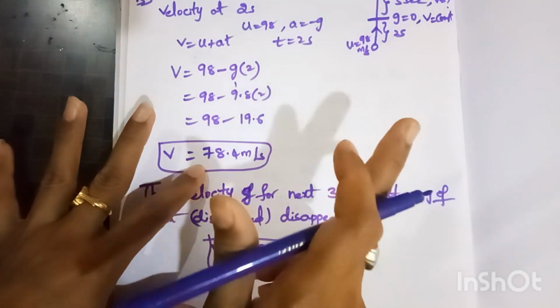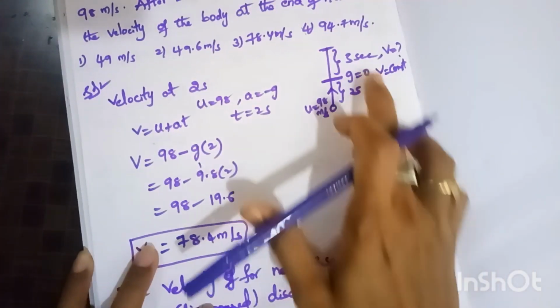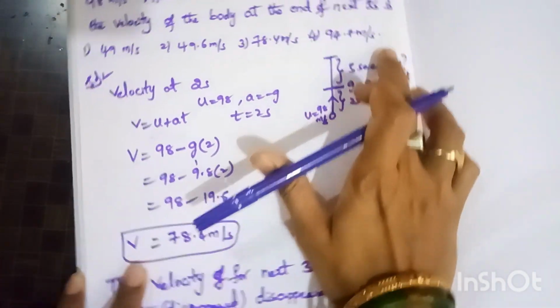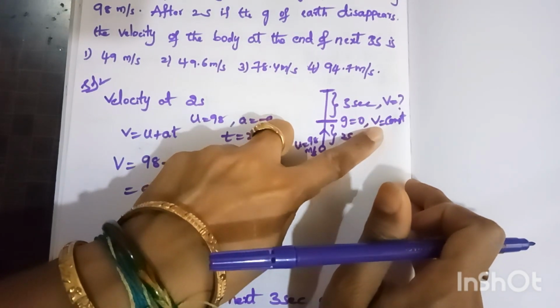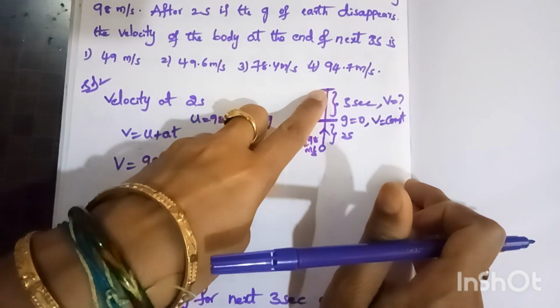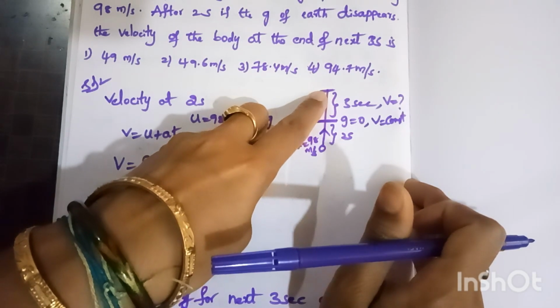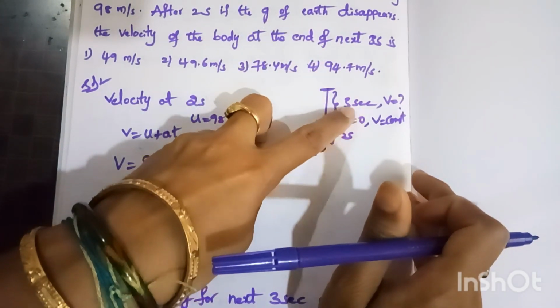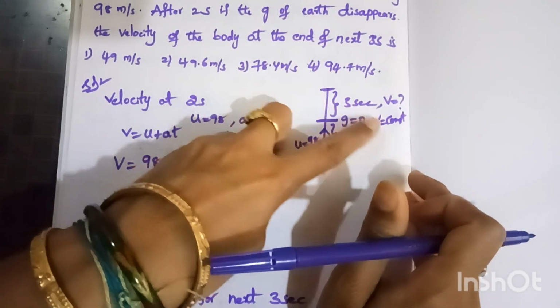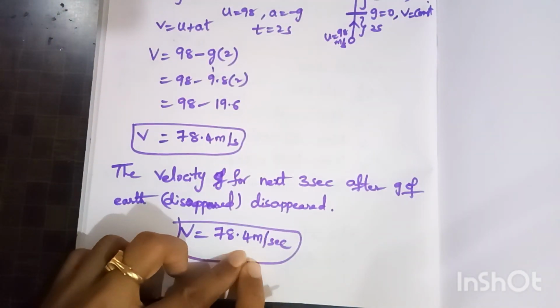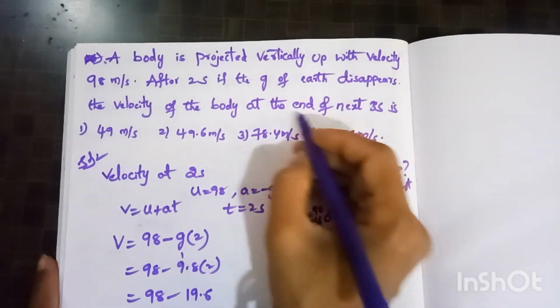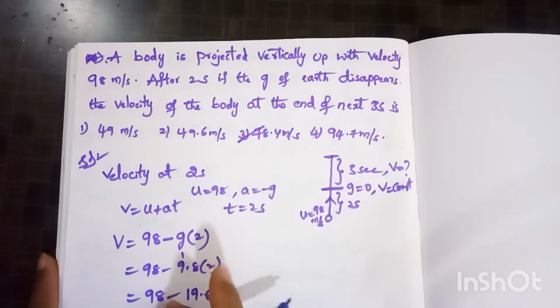With this constant velocity, the object reaches the remaining height to reach the maximum height. So for the next 3 seconds, the object's velocity is constant, that is 78.4 meter per second. So the answer is 78.4 meter per second.